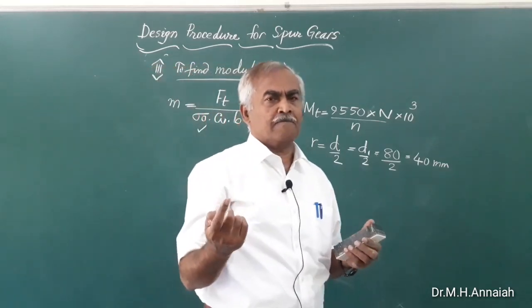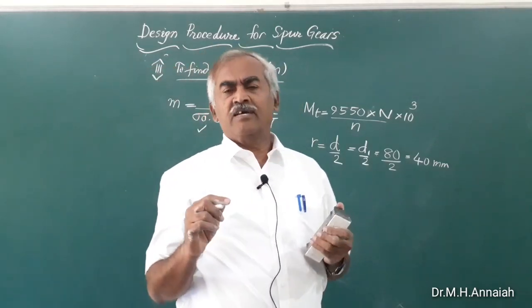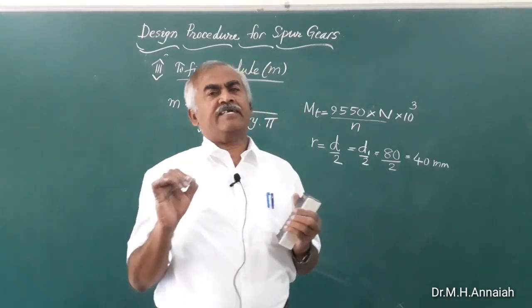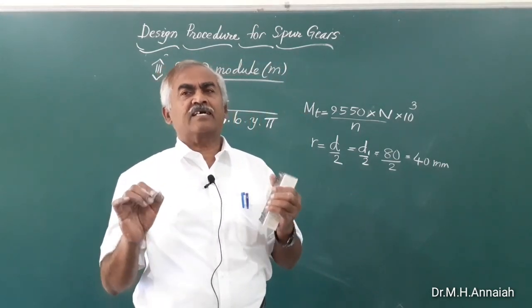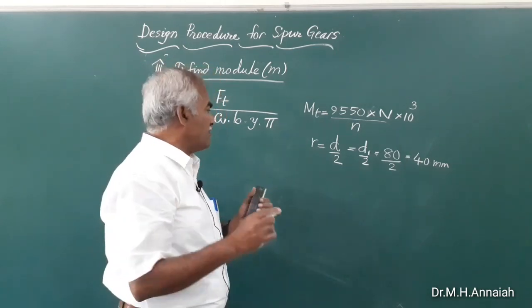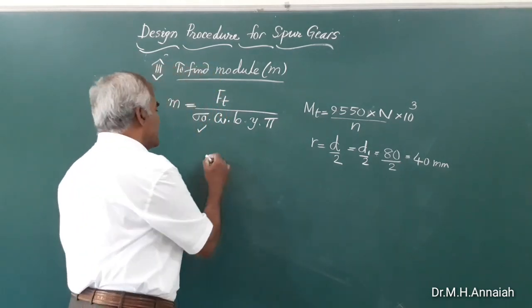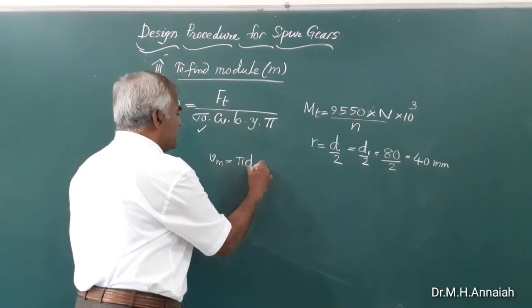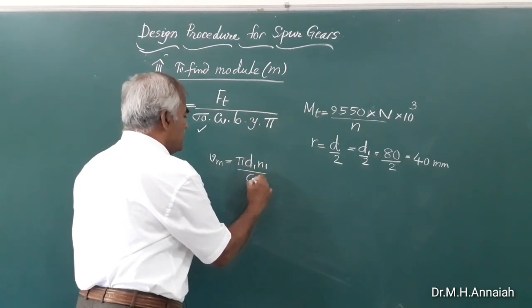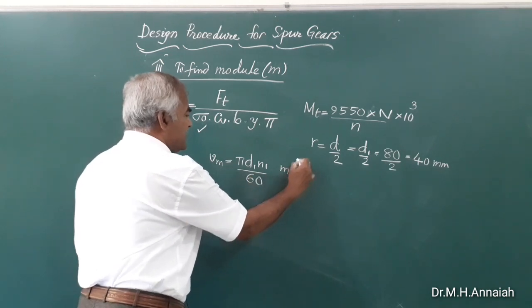CV or kV is a velocity factor, and as the name indicates, this depends on velocity, that is the linear velocity. For example, if you take this pinion, velocity Vm is pi d1 n1 by 60, so many meter per second.